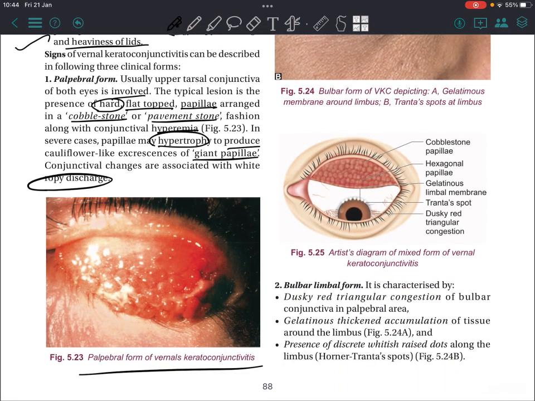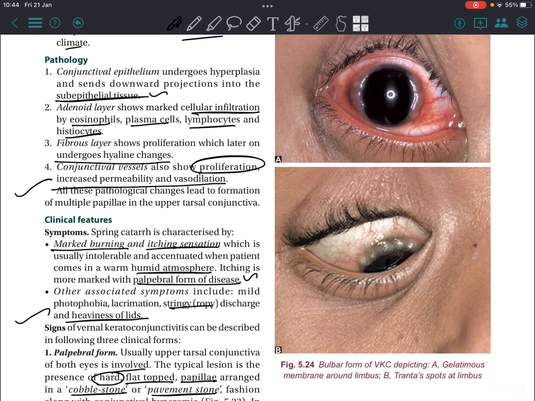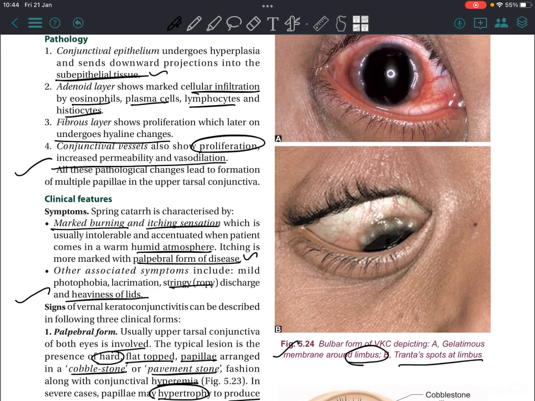Palpebral form of vernal keratoconjunctivitis. Bulbar form of VKC depicting gelatinous membrane around the limbus and Trantas dots at the limbus.